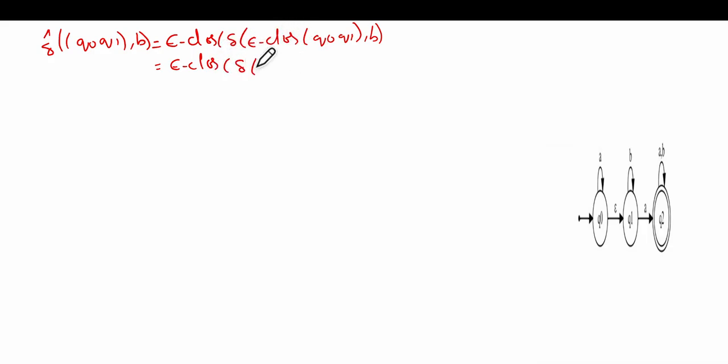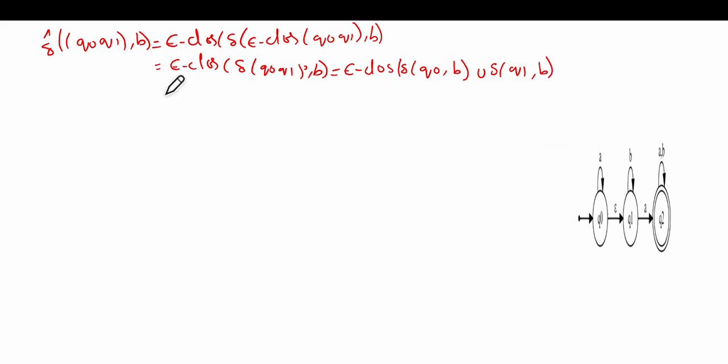E closure of Q0 is Q0 Q1, E closure of Q1 is Q1, so we are not writing it twice here, and B equals E closure of delta of Q0 on B union delta of Q1 on B.